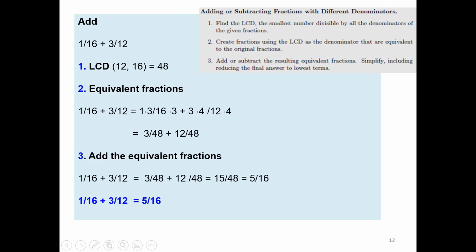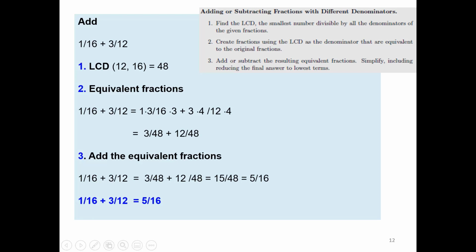What we do is we want to get 48 in the denominator, so we multiply by 3. For the second fraction, we need to multiply by 4, yes, 12 times 4 is 48, and we have to do the same on top.